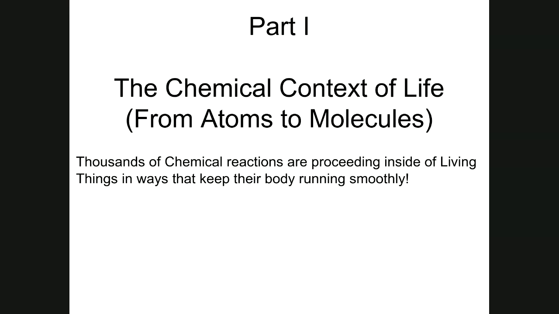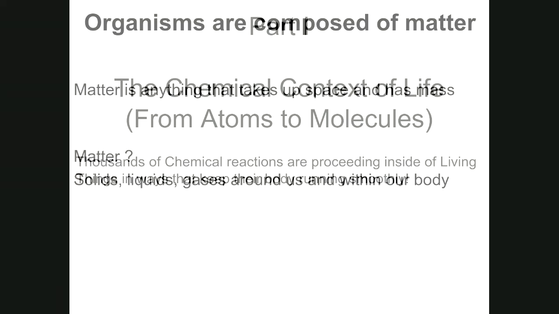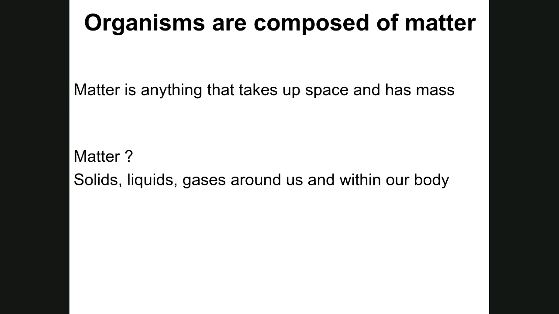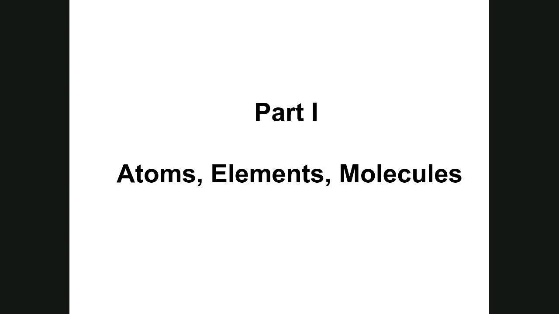This part is going to focus on the chemical compounds that make matter. You know what matter is? Matter is anything that takes up space and has mass and volume. Matter can be solid, liquid, or gas, around us and within our body. So the first part, exactly, we are going to focus on the atom, element, and molecule.